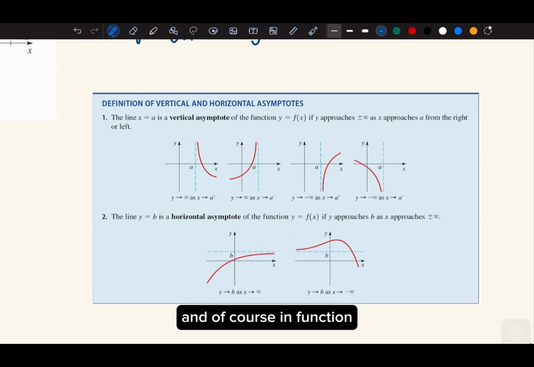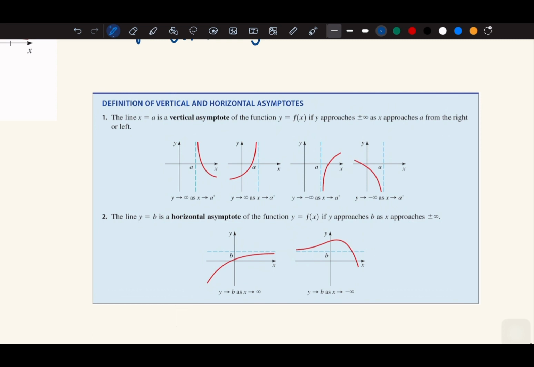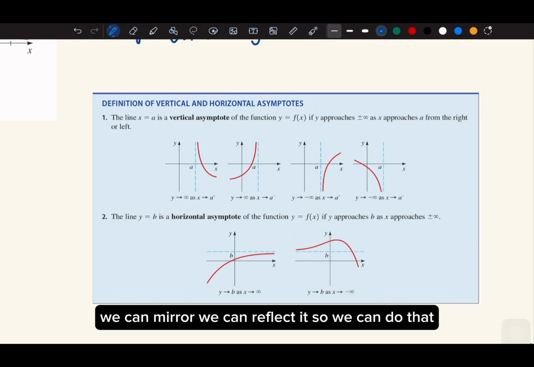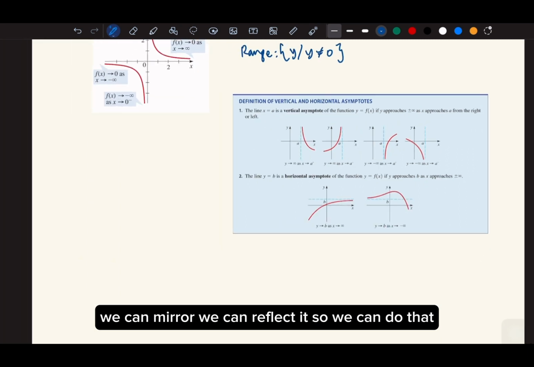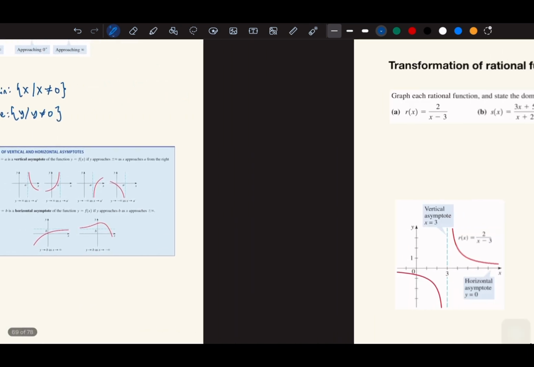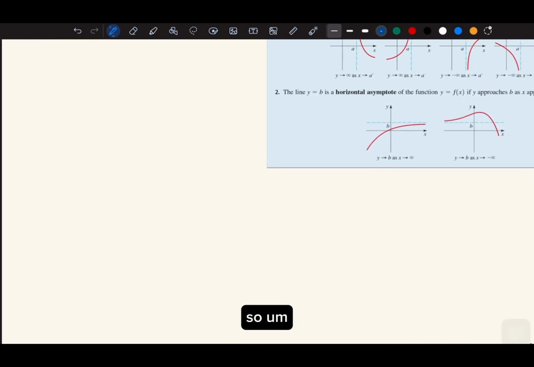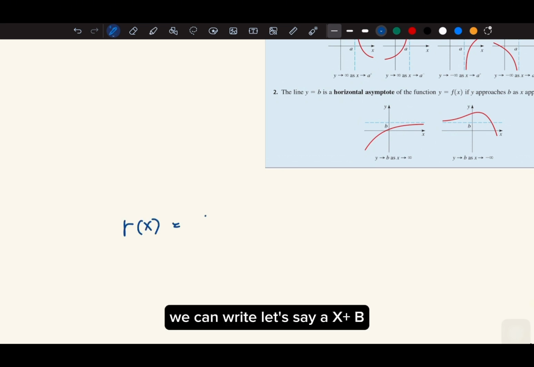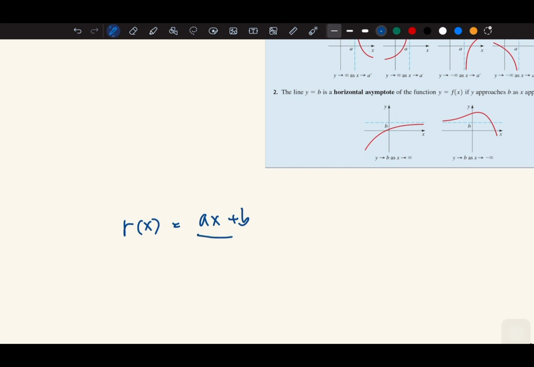And of course, in a function, we can always transform the function. So this fractional function, we can shift, we can move to the right, we can multiply, we can factor, right? We can mirror, we can reflect it. So we can do all those things. We can write, let's say, ax plus b over cx plus d.